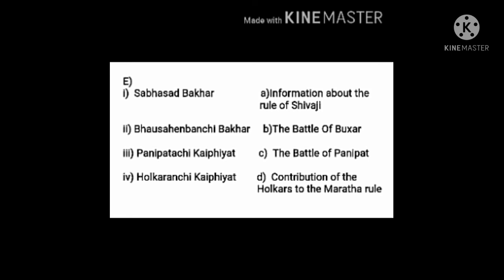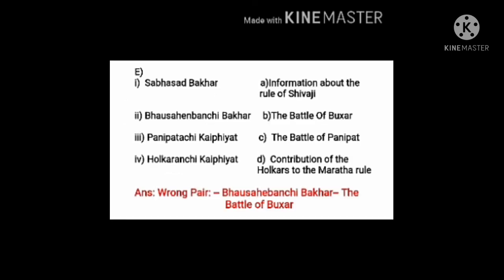Now guess among these four which one is the wrong pair. Yes, the second one is the wrong pair. Bhausahebanchi Bakhar is the story of the Battle of Panipat, not about Buxar. So write down the wrong pair, Bhausahebanchi Bakhar, the Battle of Buxar.